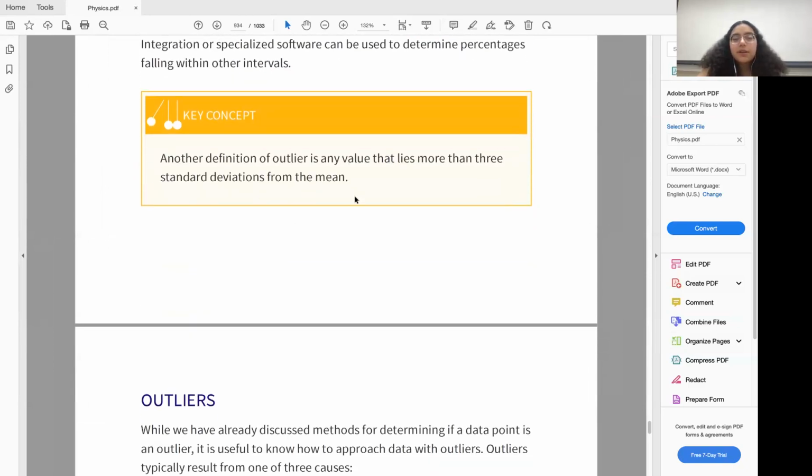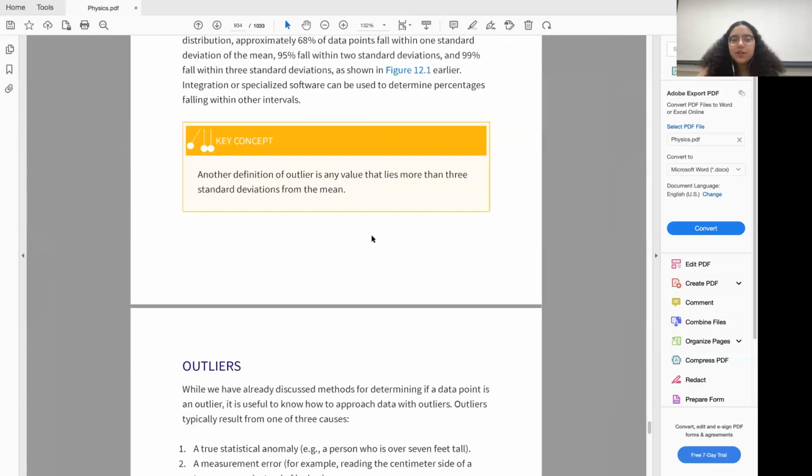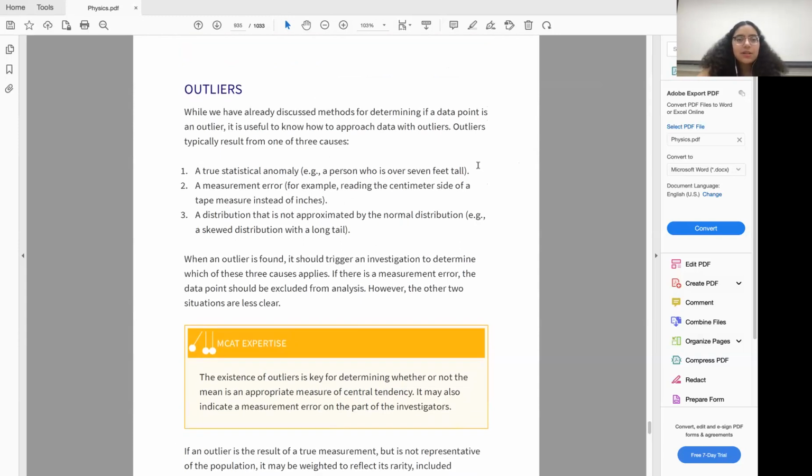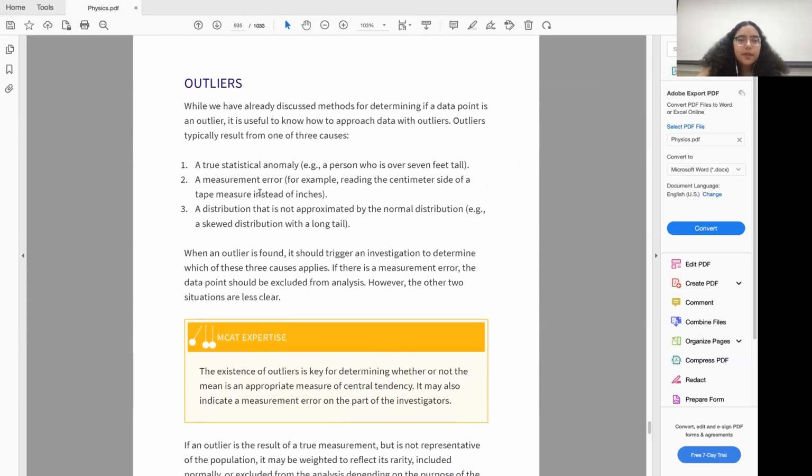So the official definition of an outlier is anything that's more than 3 standard deviations from the mean, since, like we saw in the bell curve, about 99% of things should be within 3 standard deviations. There are 3 ways to get an outlier. A true statistical anomaly, like a person over 7 feet tall, truly an outlier.